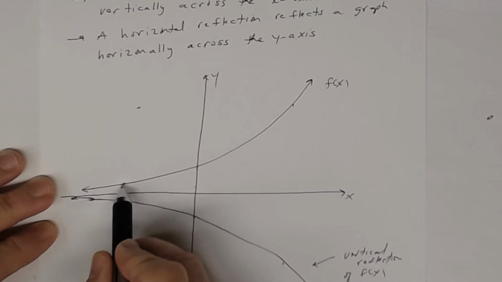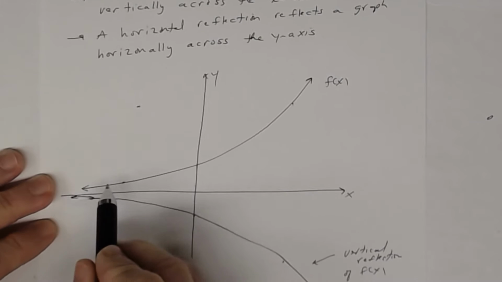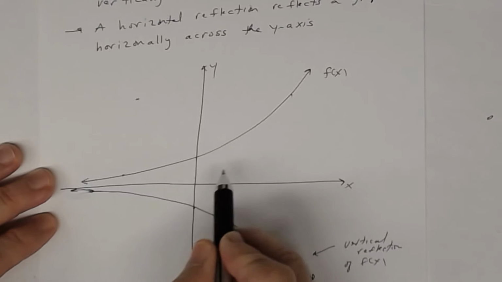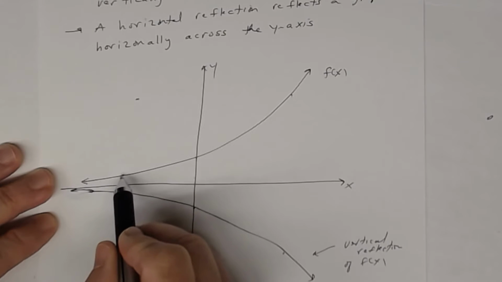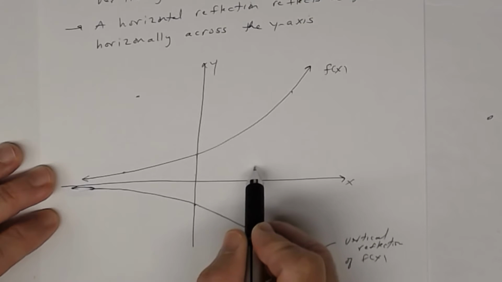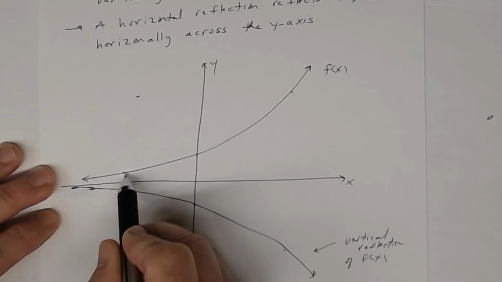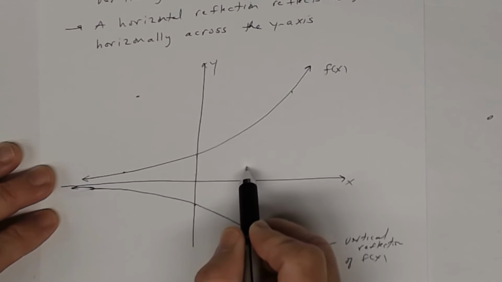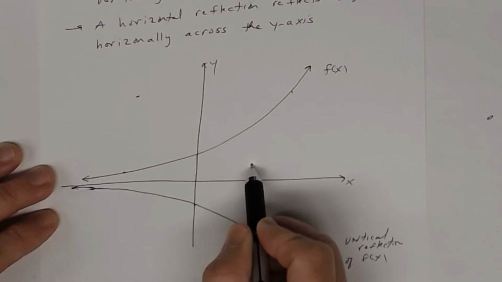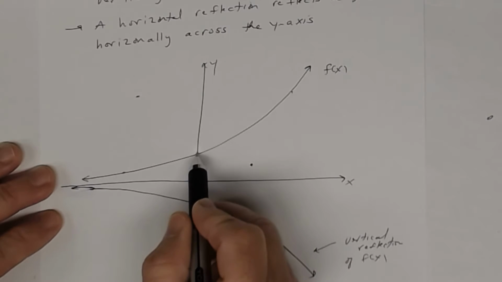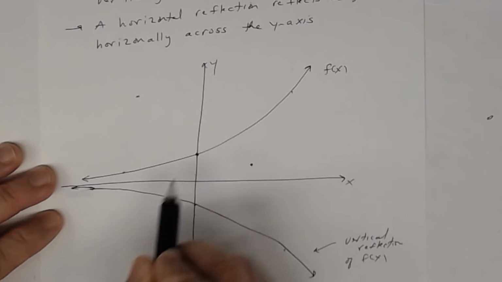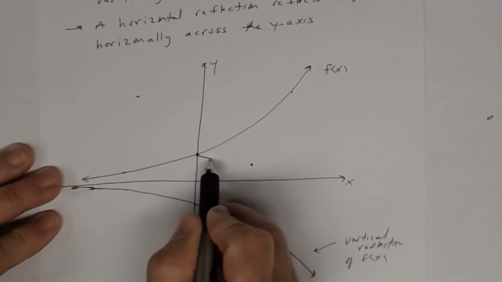When you reflect this point about the y-axis, notice what happens to the y-coordinate. The y-coordinate stays the same. It is the x-coordinate that changes. This x-coordinate becomes its opposite here. This point on the y-axis stays the same. So if a point's on the y-axis and you do a horizontal reflection, it stays there. Now that will look like this.